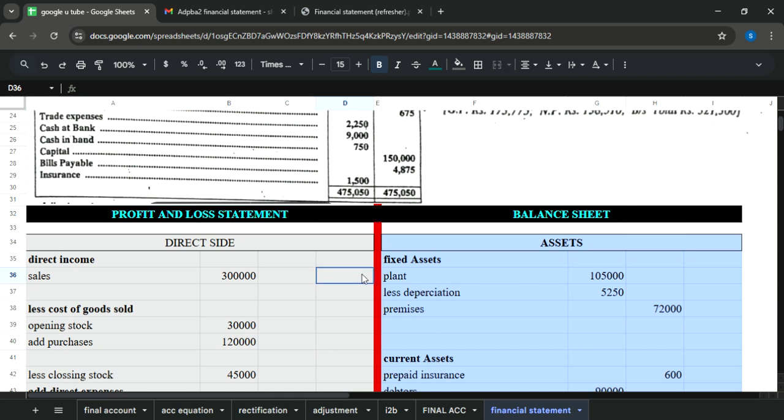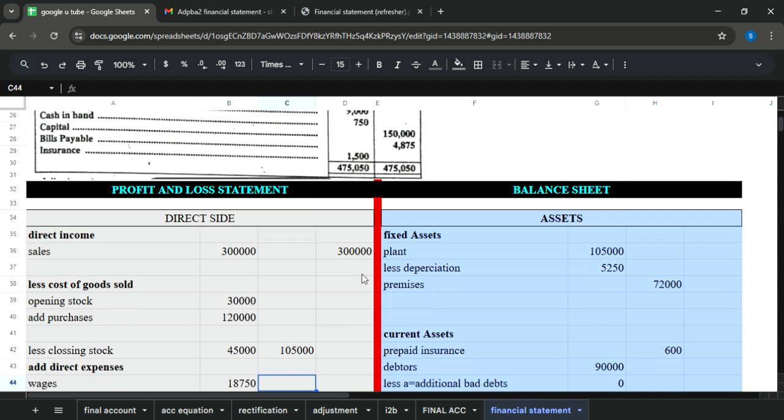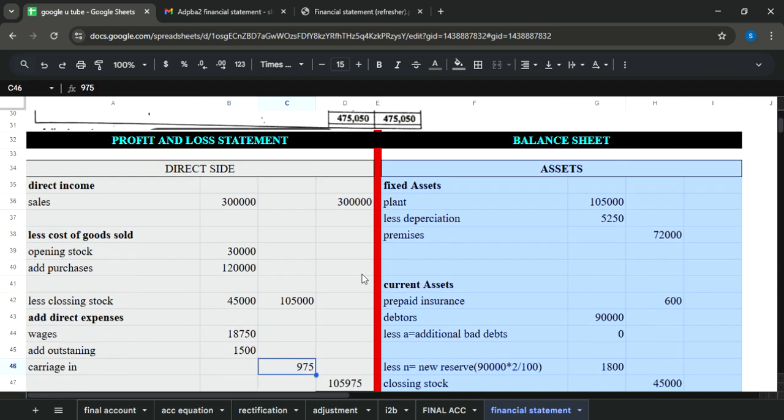Over here you can see that there is no return, so 3 lakh would also be your net sales. After that, cost of goods sold, which includes opening stock plus purchases minus closing stock, is completed. Now you can see that we have wages, and then you will add outstanding.